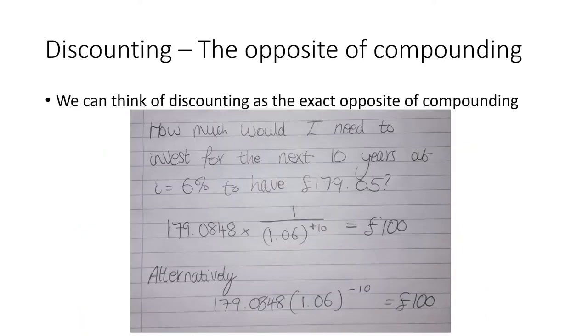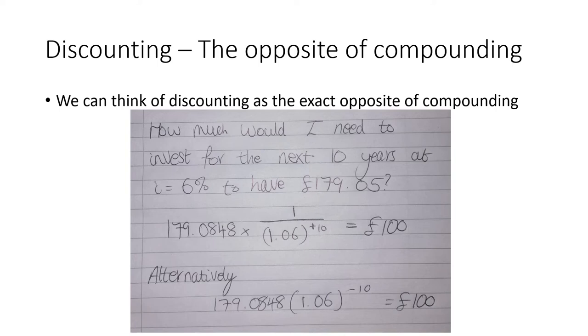The first thing to say is that discounting is the opposite of compounding. It's literally just the exact opposite. For example, in the little screenshot of the calculation I did on paper before, it says how much would I need to invest for the next 10 years, at an interest rate of 6%, to have £179.05, which is what we found on the previous slide.